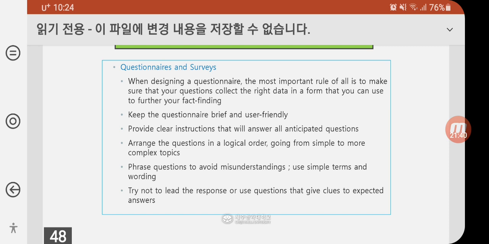Limit the use of questions that can raise concern about job security or other negative issues. Include a section at the end of the questionnaire for general comments. Test the questionnaire whenever possible on a small test group before finalizing it and distributing it to a large group.